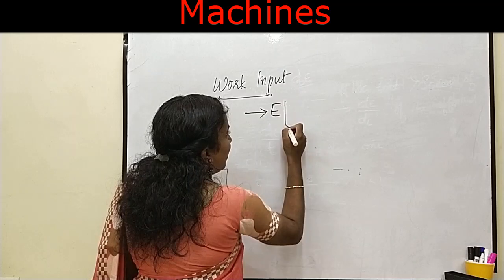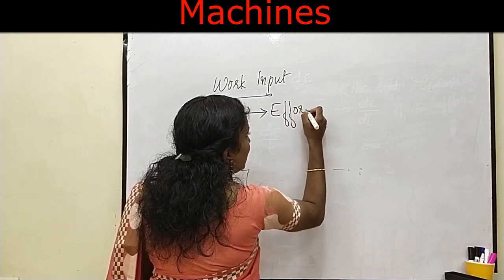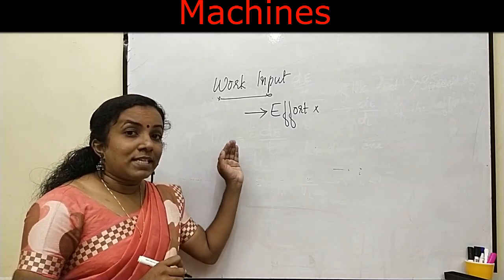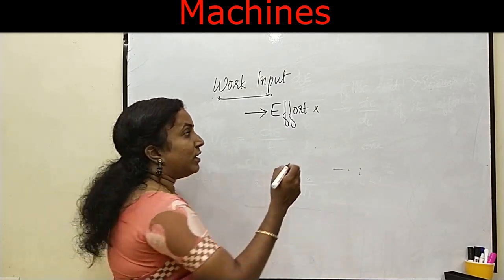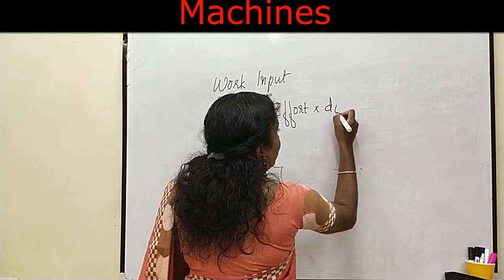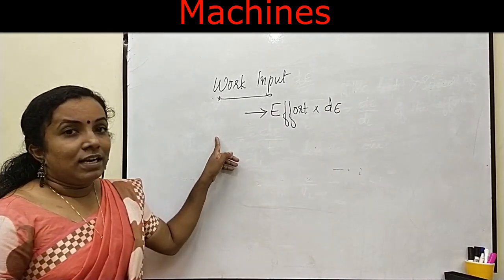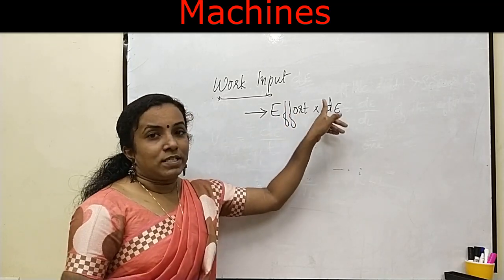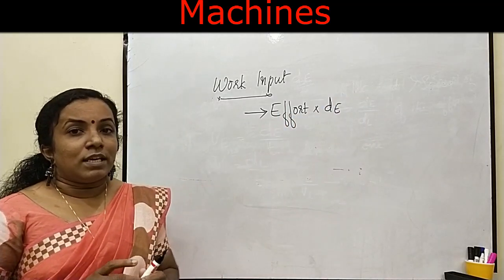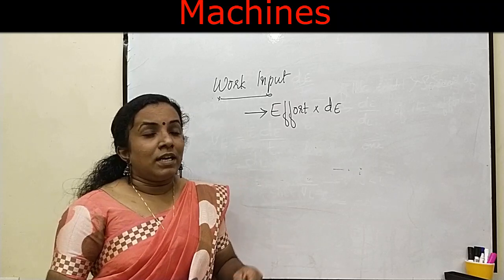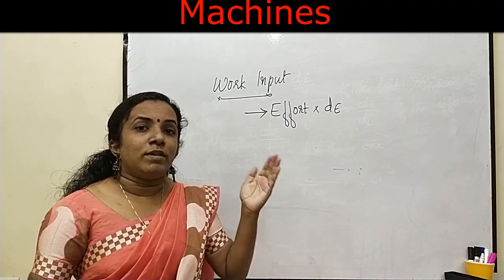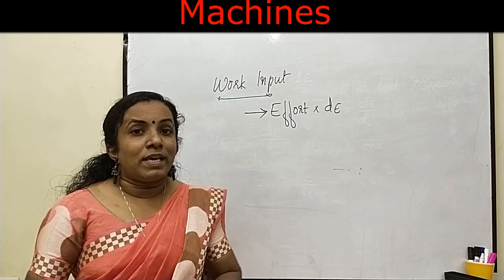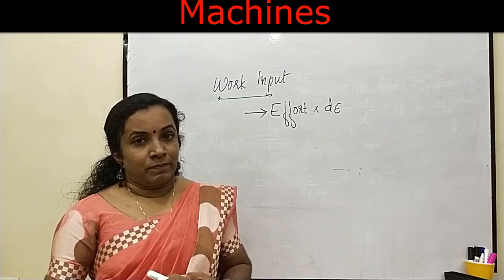So work done by the effort is effort into the displacement traveled by the effort, which is called displacement of effort. So here work input is equal to effort into displacement of effort. So work input is the work done by the effort on the machine and it is equal to effort into displacement traveled by the effort.